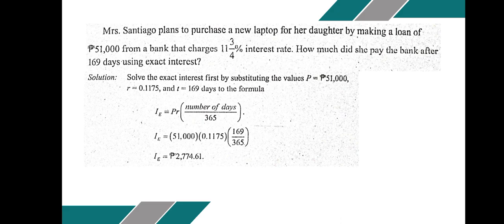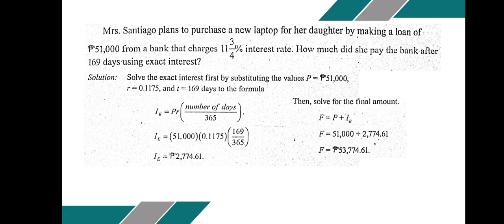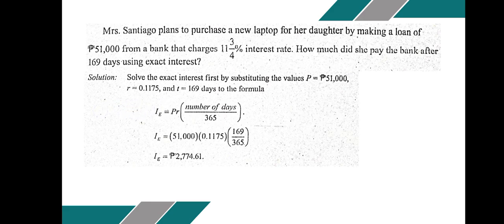So ang formula natin is exact interest is equal to P times R times number of days over 365. So, substituting all this information sa ating formula, we could get na the exact interest na makuha or mababayaran ni Mrs.